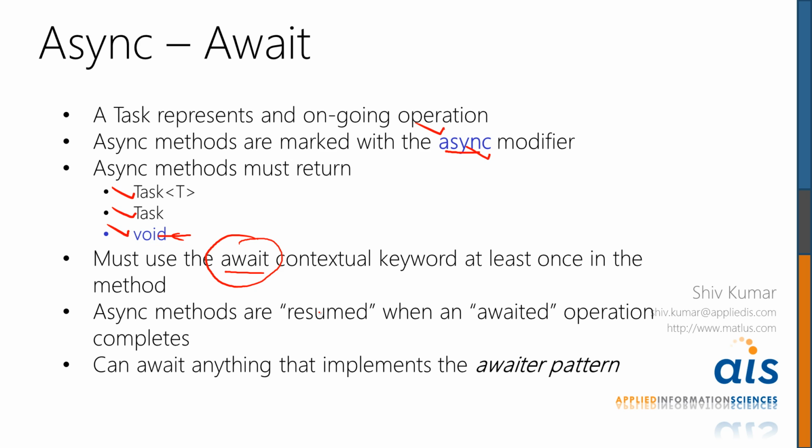Async methods are resumed when an awaited operation completes, which means it's almost like re-entering code. I'll show you in an example later using iterators, so you get a sense of what I'm talking about. When the execution encounters an await keyword, it essentially leaves that method. Execution leaves the method, and it returns when the awaited operation completes.